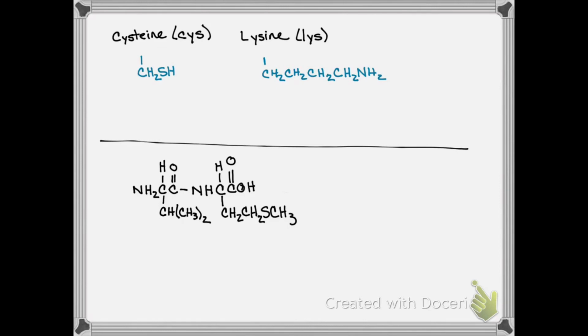Their 2 amino acids were, what did I call that one? That one is valine. The one on the right is methionine. Valine is VAL, and methionine is MET, and so its amino acid sequence, again, starting at the N terminus, is valine, and then the C terminus is methionine.